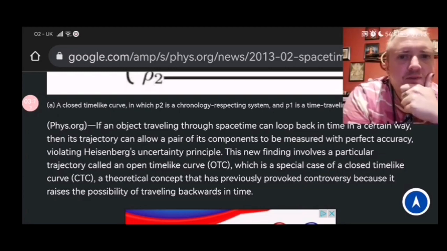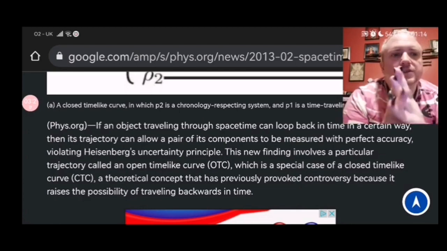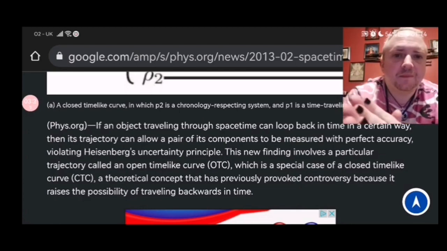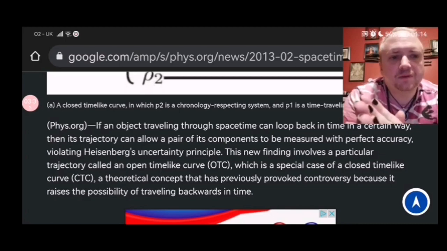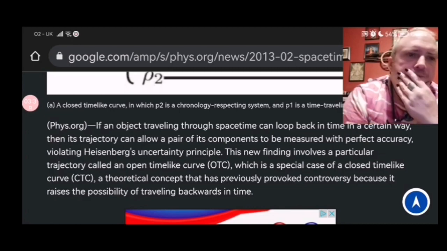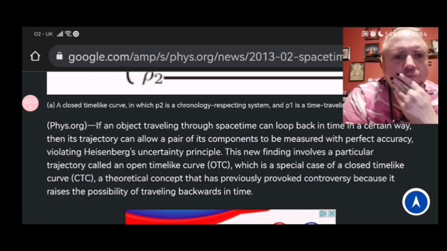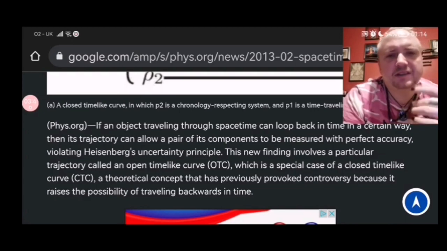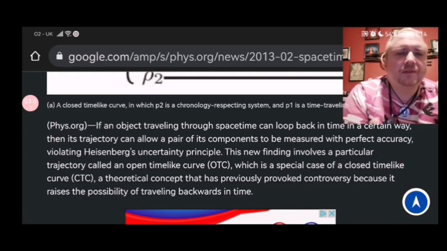This new finding involves a particular trajectory called an open time-like curve, OTC, which is a special case of a closed time-like curve, CTC, a theoretical concept that has previously provoked controversy because it raises the possibility of travelling backwards in time. It'll probably get explained further, but so far that's my impression, because I did have a quick scan of this.